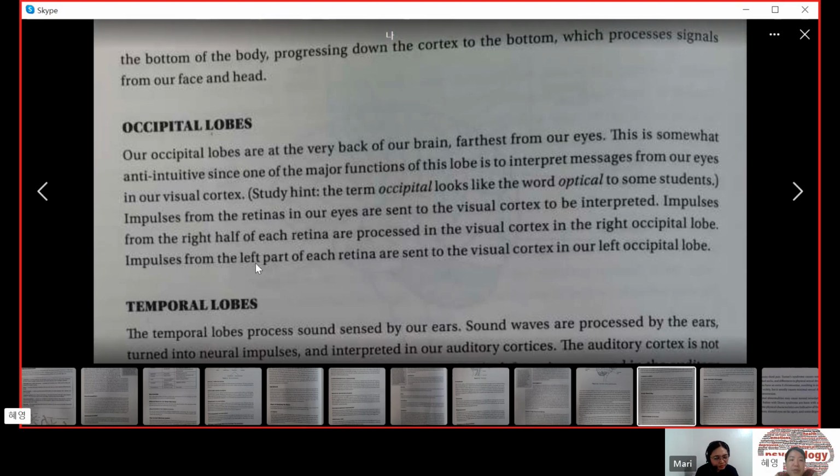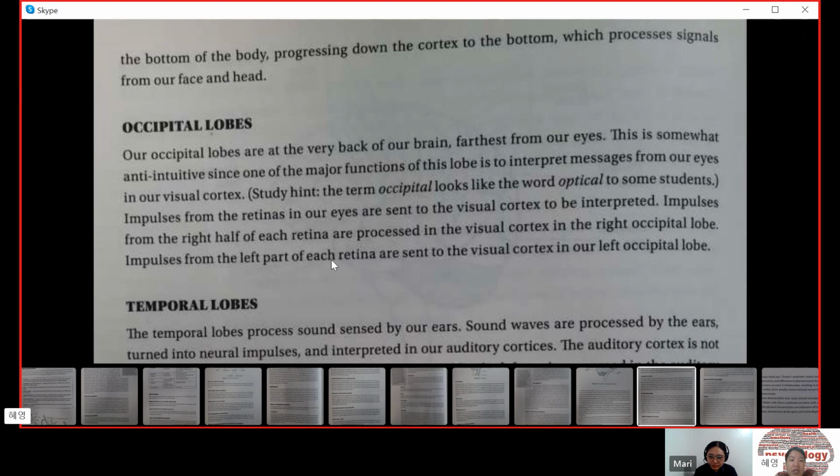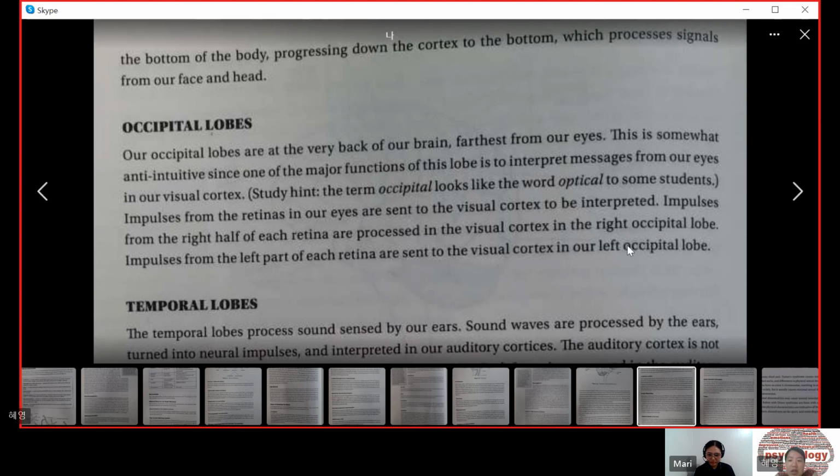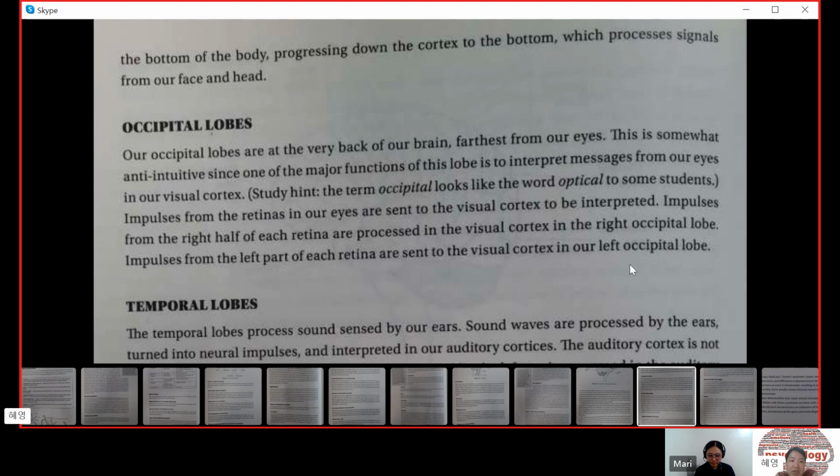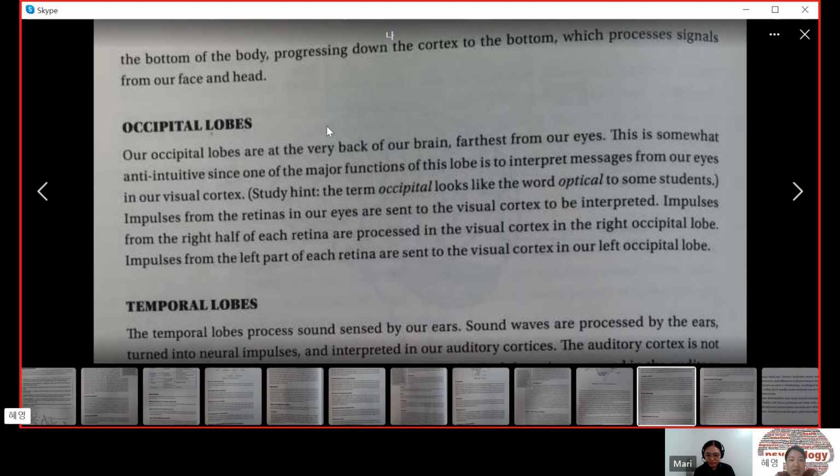Impulses from the left part of each retina are sent to the visual cortex in our left occipital lobe. This part is related to the looking something.